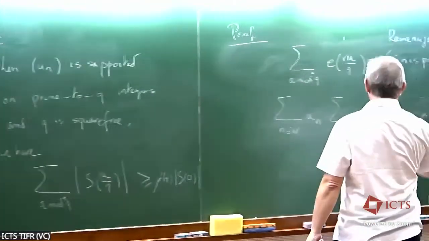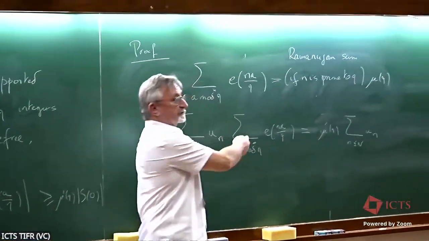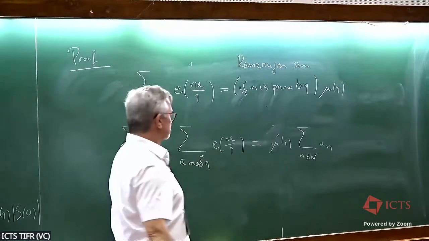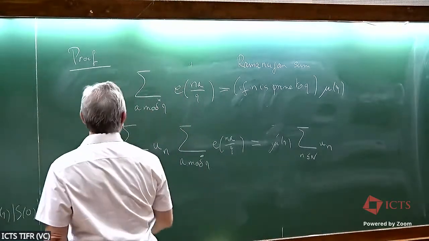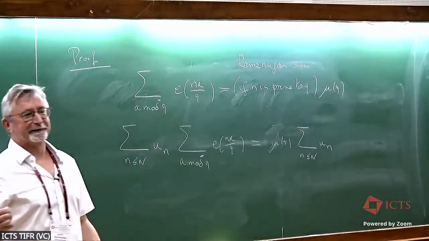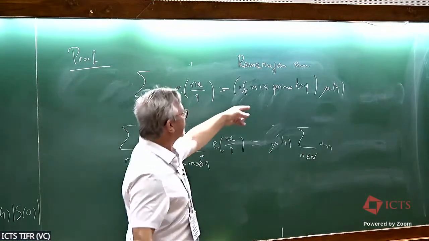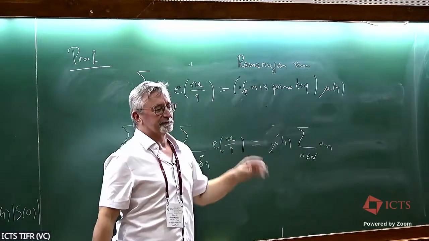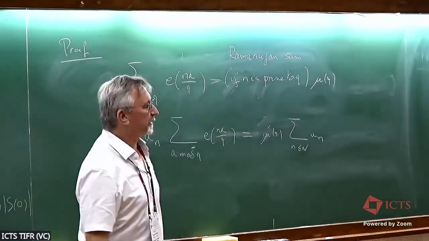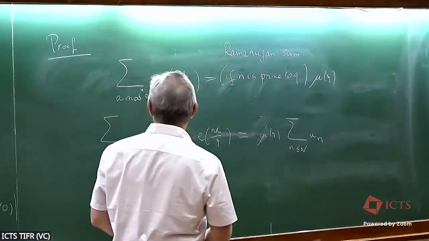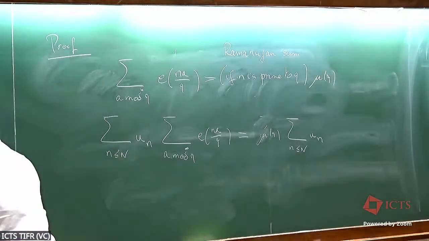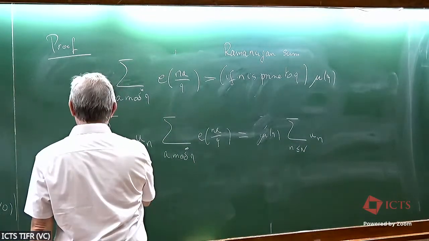And so exchange summation, put absolute value, you're home. I mean, it's difficult to find a shorter proof than that. Okay, I've used the lemma that the sum is equal to mu of q, that you can do by multiplicativity. Okay, I have to show you that it is stronger than what I need.